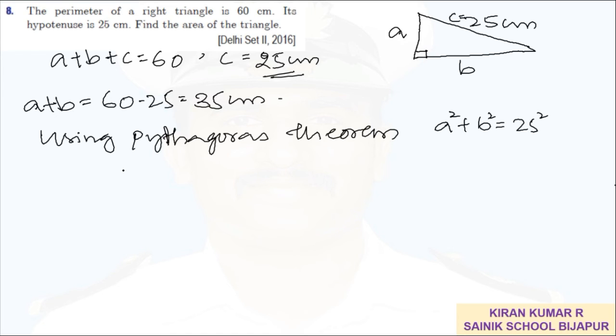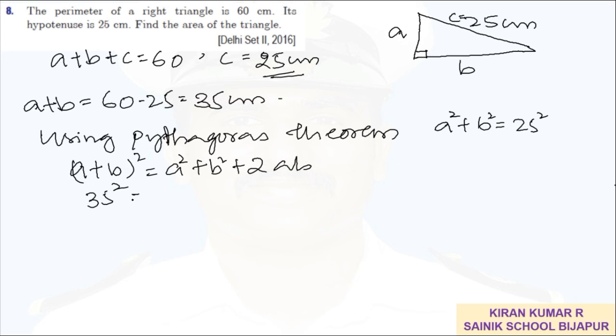Let me use (a plus b) whole square, which will be a square plus b square plus 2ab. Here a plus b is 35, so 35 square will be equal to a square plus b square, which is 625, plus 2ab.